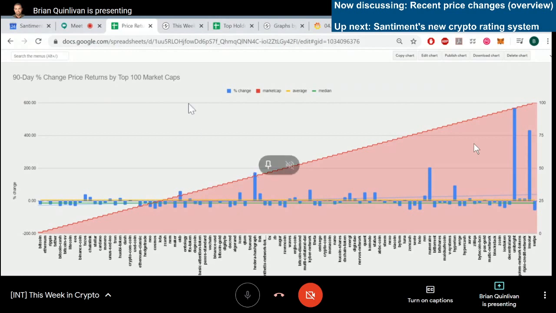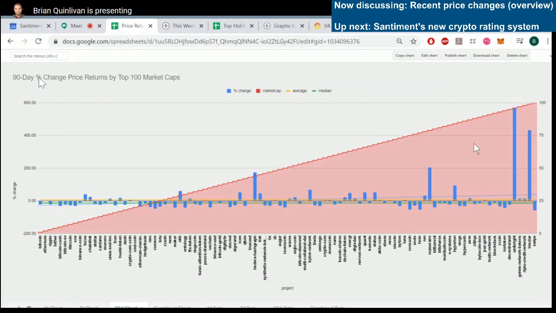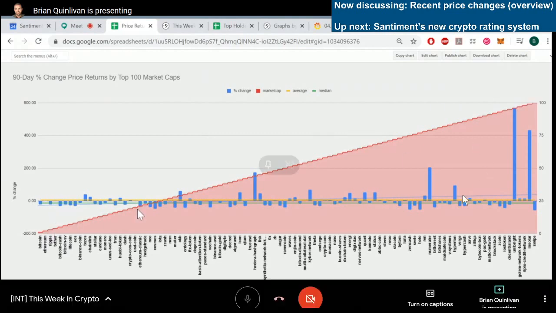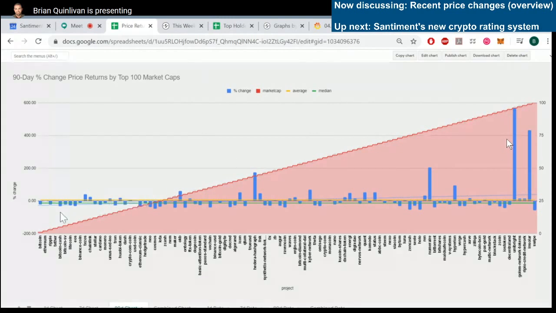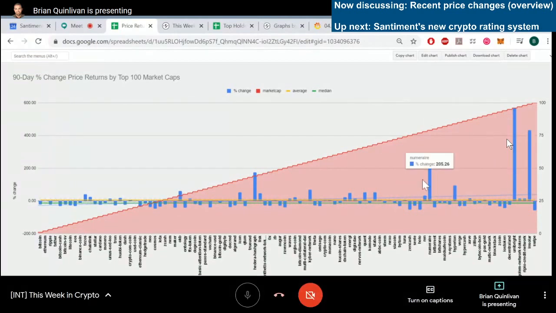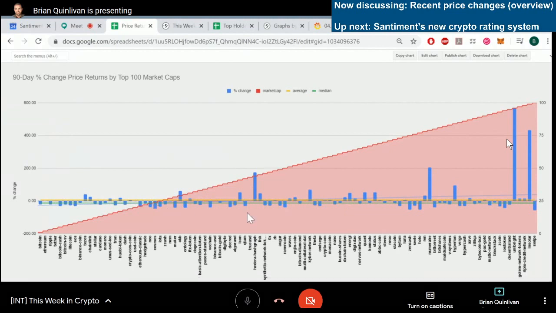So what we're looking at right now is our 90-day percent change price return model based on the top 100 market cap projects out there. What this essentially is good for is directly being able to compare how the top 100 projects are doing compared to each other, and then see trends like what we're seeing now, where we have a lot of the lower half, the bottom 50 of the top 100, exceeding the price of the top 50 on average.